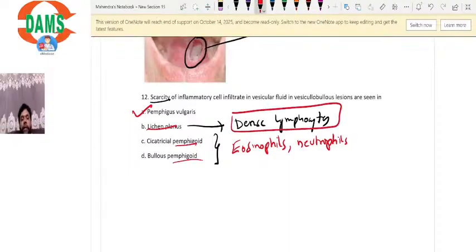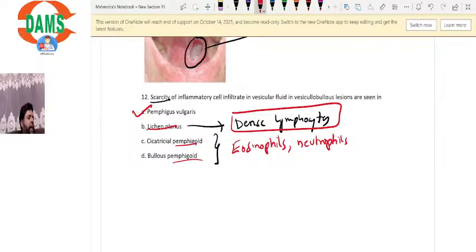In pemphigoid, let it be cicatricial or bullous, eosinophils and neutrophils are seen. By ruling out like this, the correct answer should be pemphigus vulgaris.